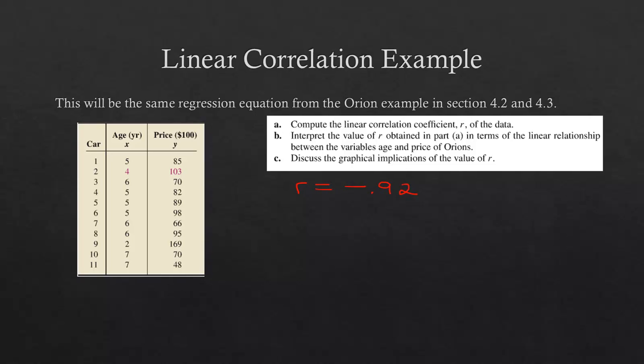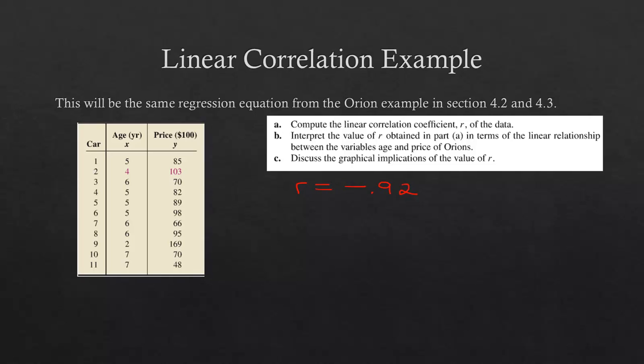Letter B would ask you to interpret this information. What does it mean in terms of the age and price of the Orions? Well, what it means is we have a strong negative relationship here.